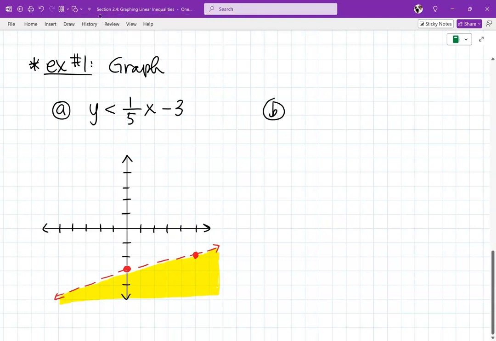Let's see. We'll try this one right here. So let's try y greater than or equal to 2x minus 1.